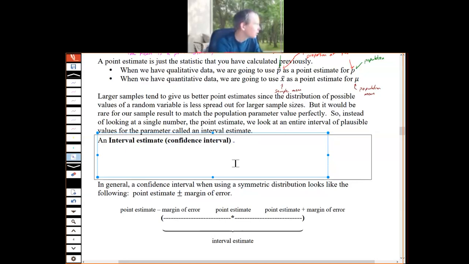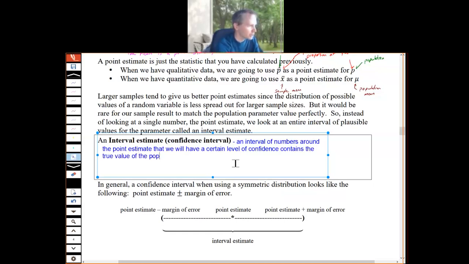Strictly speaking, a confidence interval is just one type of interval estimate, but for our purposes, we'll use them interchangeably. So this is an interval of numbers around the point estimate that we will have a certain level of confidence contains the true value of the population parameter.